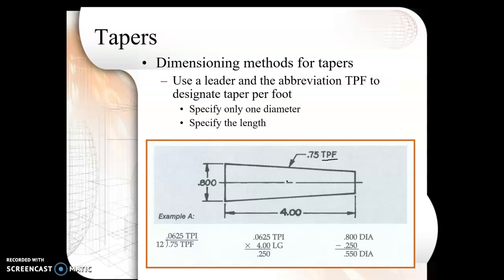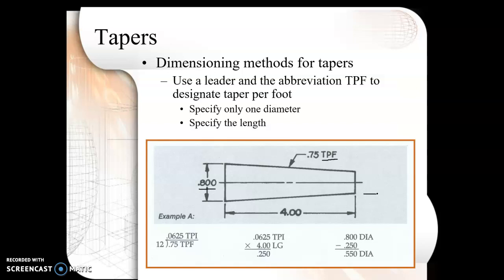So that's indicating that for every 1 foot of length, the size of this, and this is a truncated cone, these are diameters. This diameter is going to decrease by 0.75 for every foot of length, and it's starting off with a dimension of 0.800.